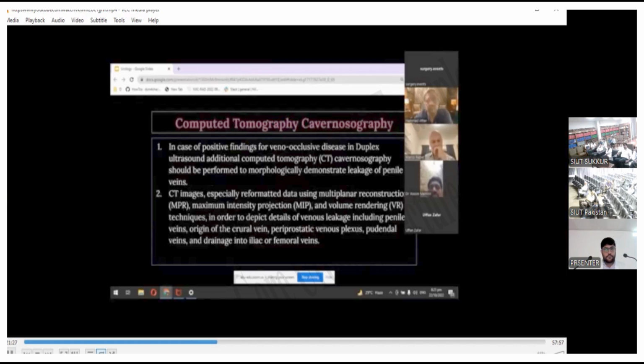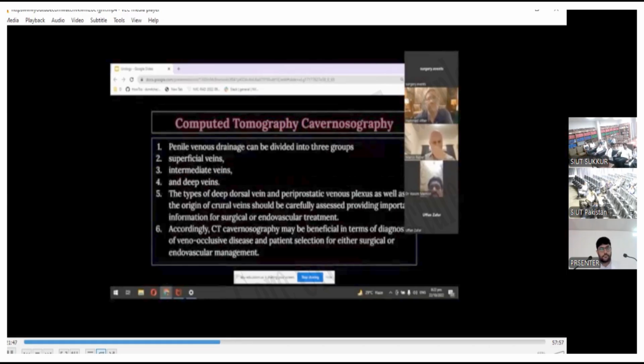CT images, especially volumetric data using MPR and MIP volume rendering techniques, are used in order to depict details of venous leakage, including penile veins, origin of crural veins, periprostatic venous plexus, pudendal veins, and drainage into iliac or femoral veins. Penile drainage can be divided into three groups: first superficial veins, then intermediate veins, and then the deep veins. The deep veins include the periprostatic venous plexus.